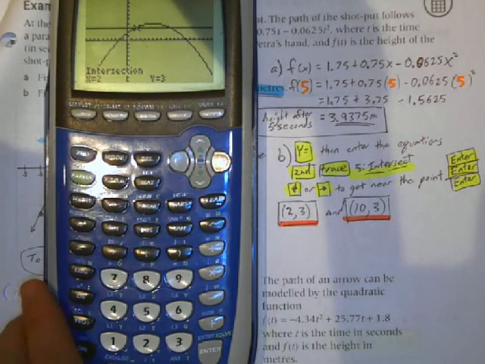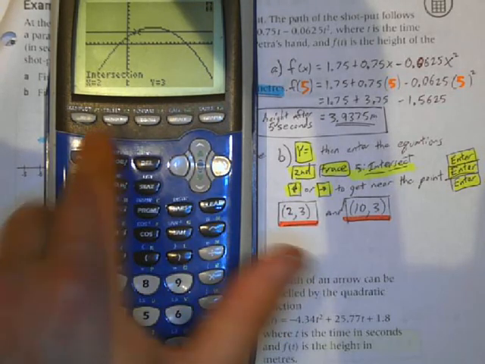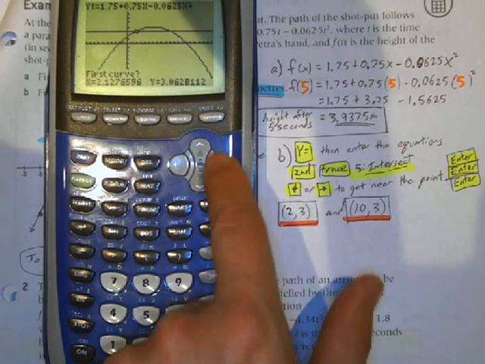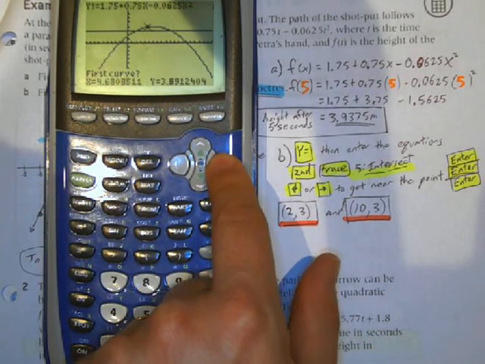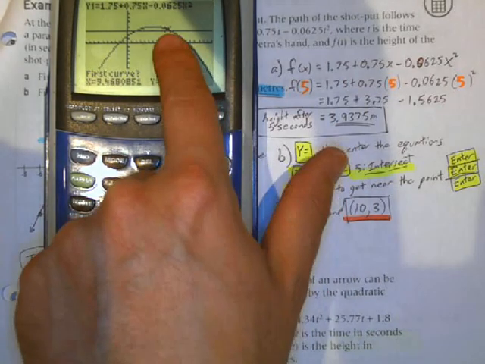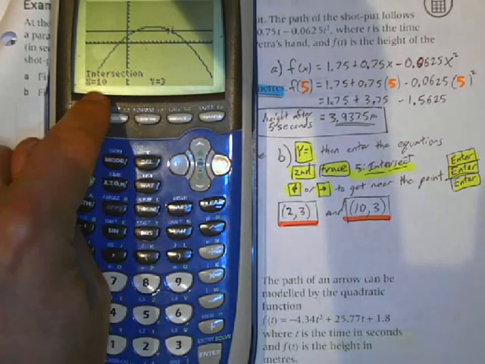Okay, and then I'm going to go through the process again, second trace, and I'm going to go 5, intersect, and arrow over to the other intersection over here, hit enter, enter, enter, and this intersection is 10, 3.